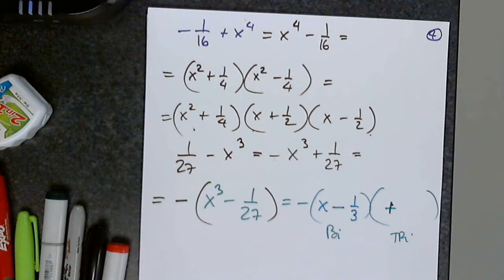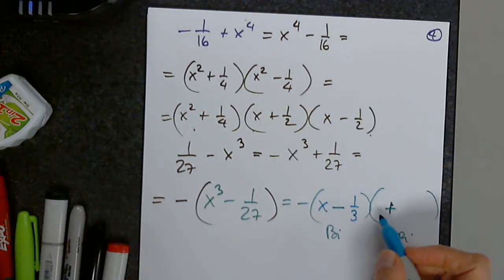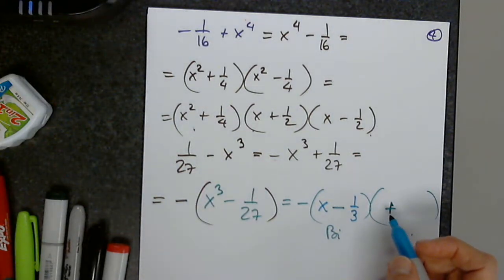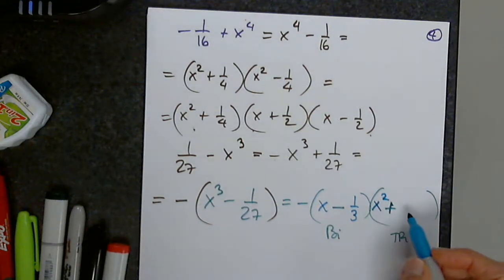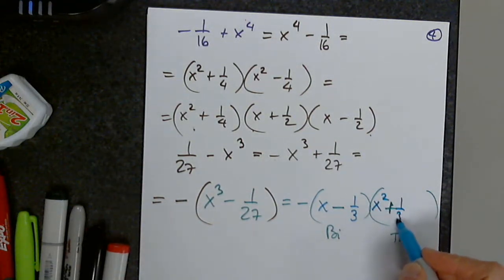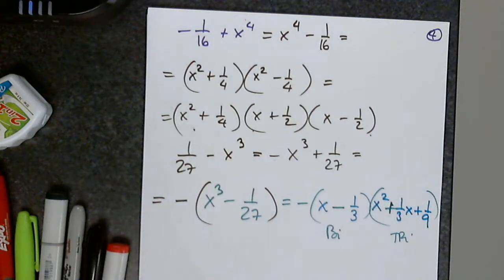X cubed is x cubed. 1/3 cubed is 1/27. Do we agree? Okay. And now can anyone come up with a trinomial? Very good. Plus 1/3 x plus 1. Very good. I have to square 1/3. 1/3 times 1/3 is 1/9. Perfect.